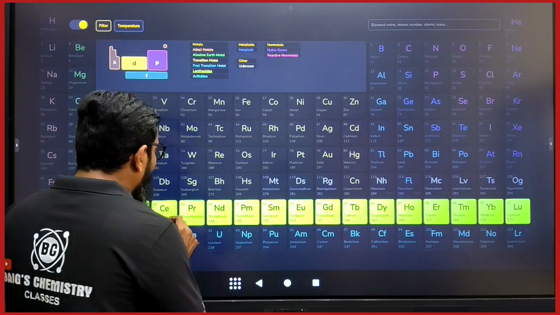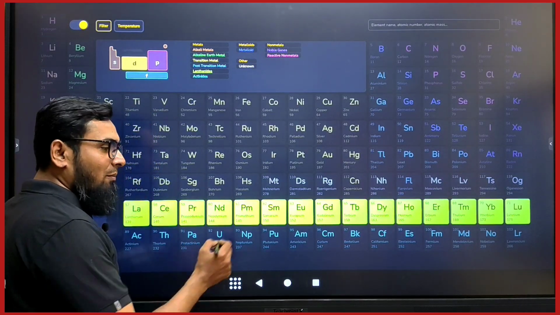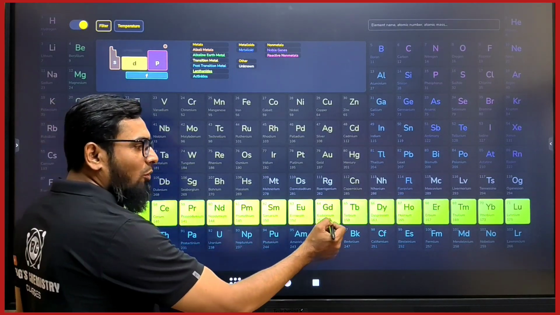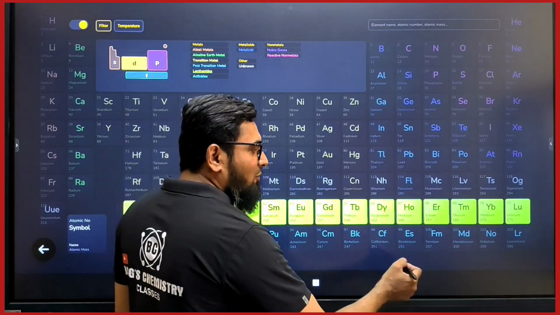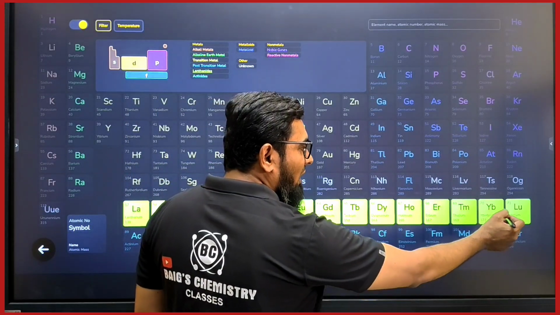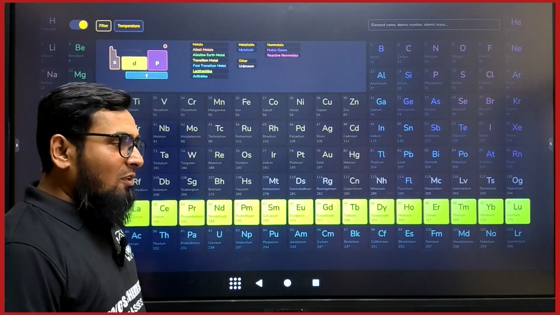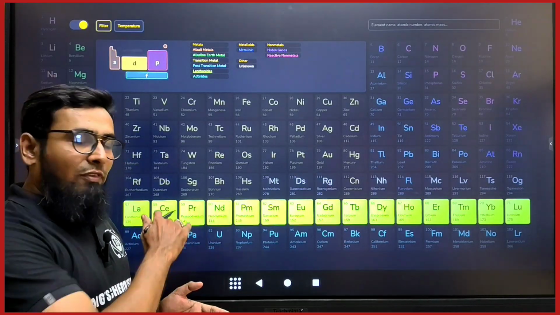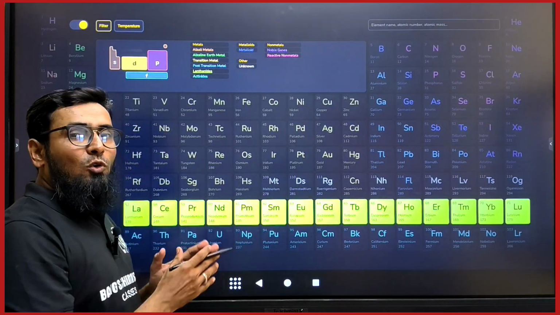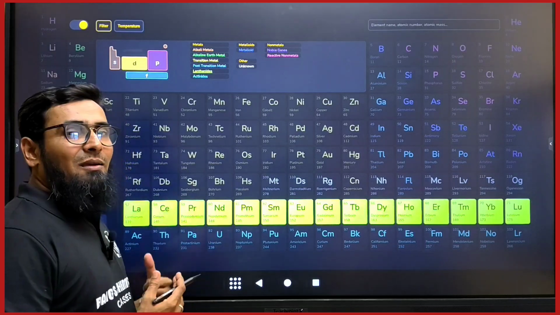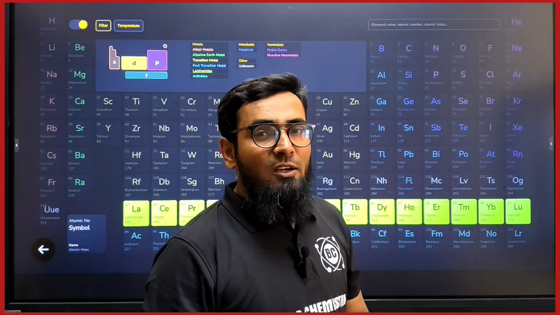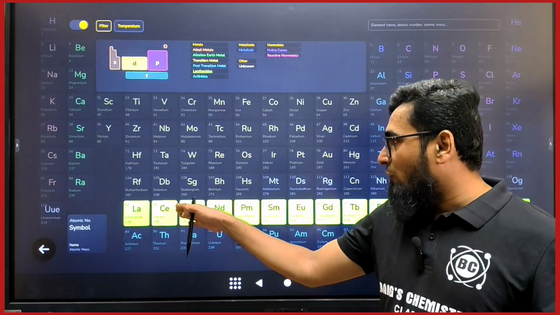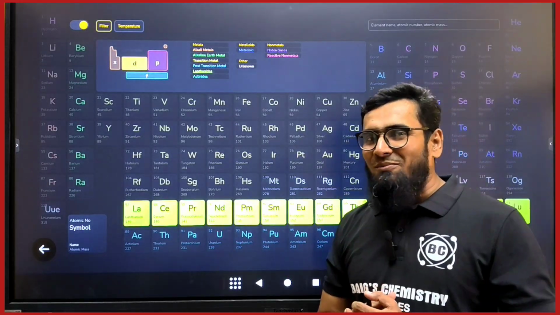They are cerium, praseodymium, neodymium, promethium, samarium, europium, gadolinium, terbium, dysprosium, holmium, erbium, thulium, ytterbium, and lutetium. If you include lanthanum, it becomes 15 elements. When studying the lanthanides from cerium to lutetium, you also include lanthanum, because its properties match with the rest of the 14 elements from cerium to lutetium.